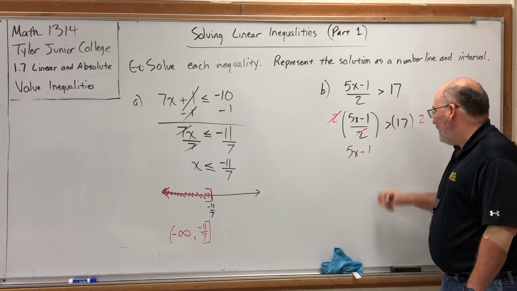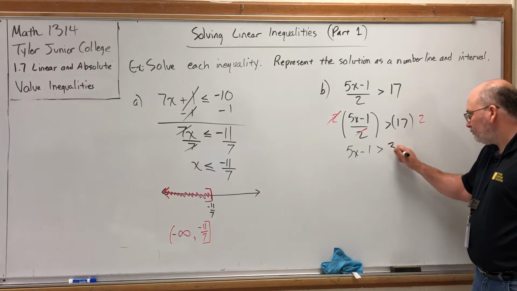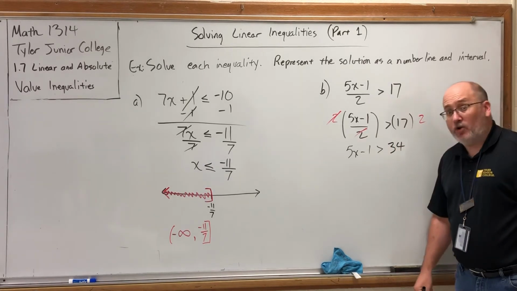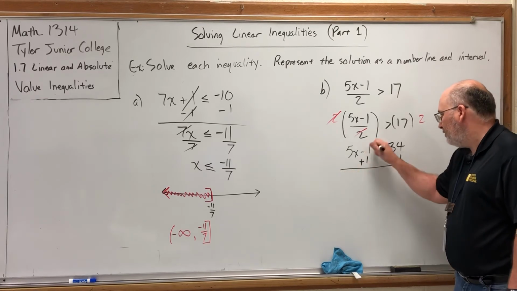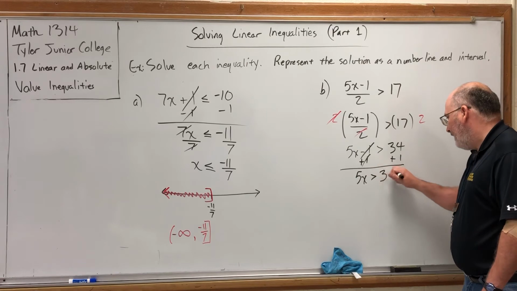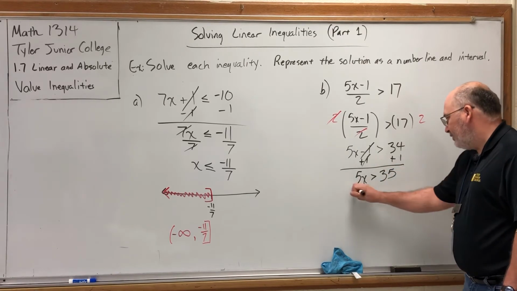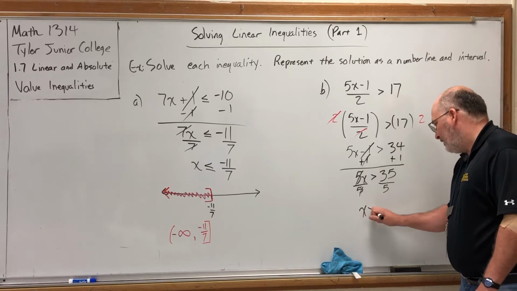We have 5x minus 1 is greater than 17 times 2 is 34. And you can almost put it on autopilot from this point forward. Add 1 to both sides, 1's cancel, we get 5x is greater than 35. Then divide both sides by 5, the 5's cancel, we get x is greater than 35.